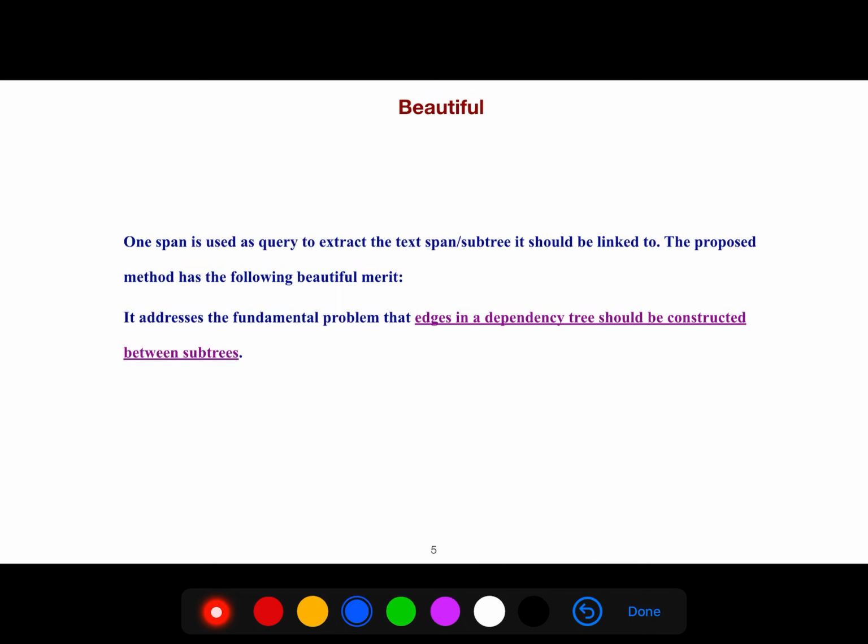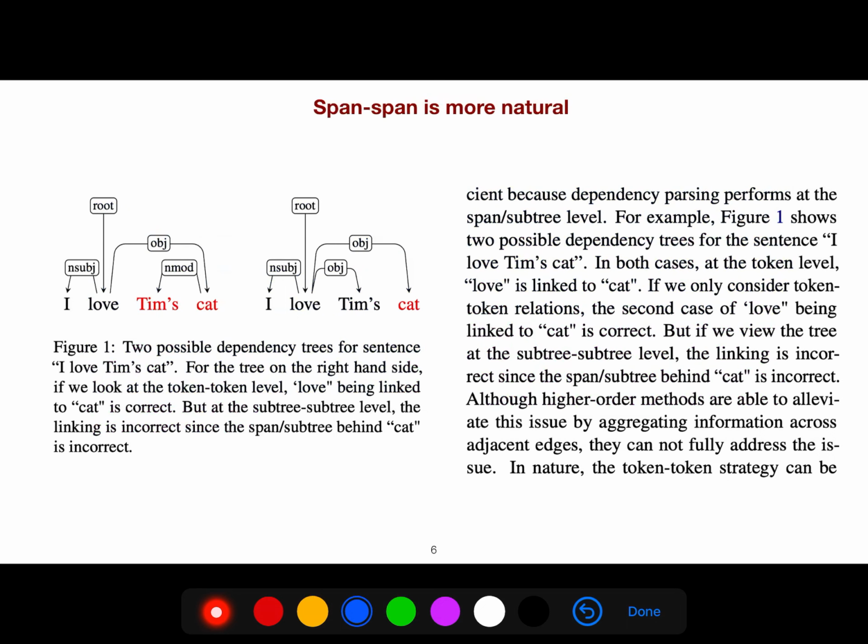The proposed method has the following beautiful merit. It addresses the fundamental problem that edges in a dependency tree should be constructed between subtrees. And so you see span is more natural.